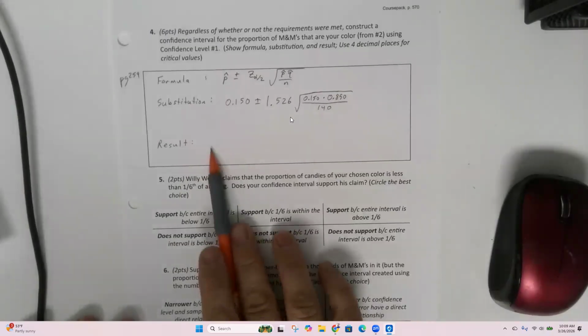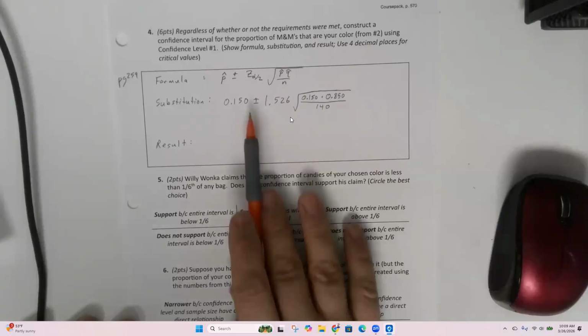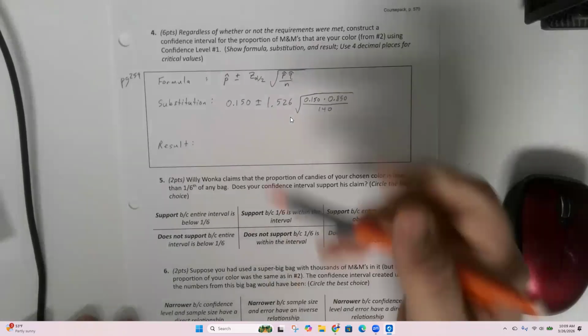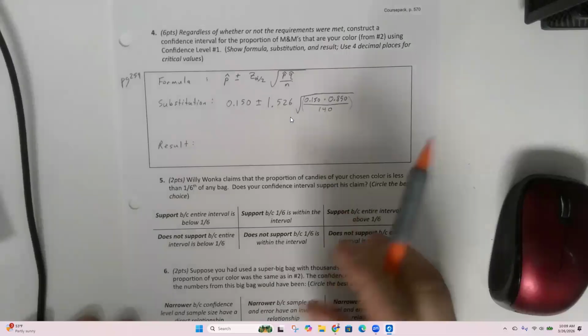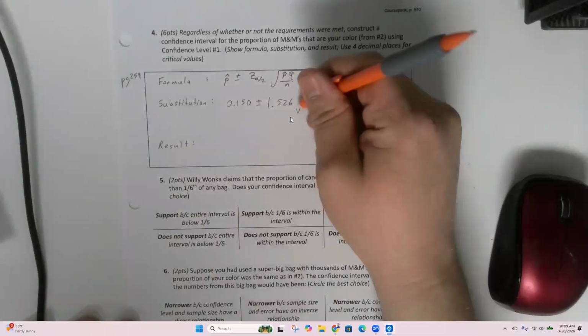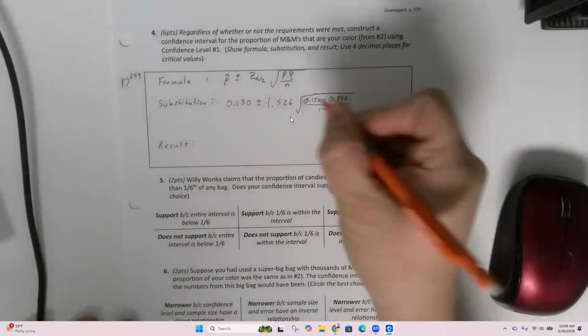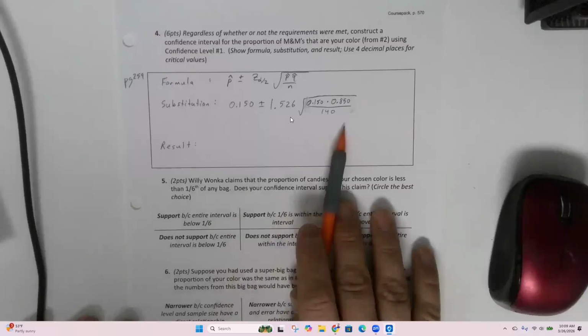At this point, there are two ways you can do it. One is you can just type this into Desmos. If you do, make sure you put parentheses under your square root. I think Desmos is smart enough to handle that, but normal calculators need parentheses there. You can type that into your calculator.